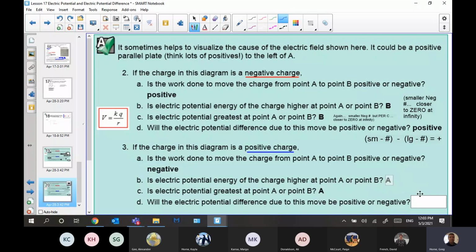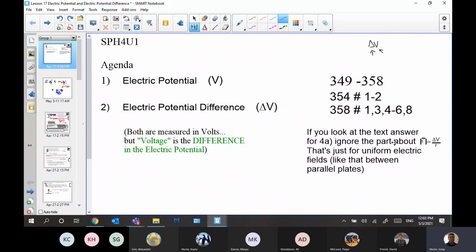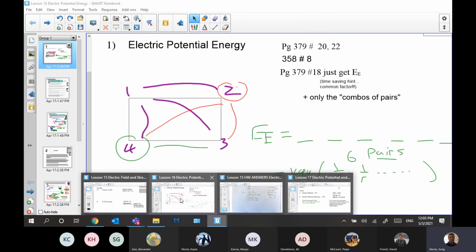Just conscious of the few-minute time warning before the final half hour of our class, technically. Okay, so again, questions are at the top here to do with electric potential and electric potential difference. And the solutions are all going to be posted right away, so you can refer to them as you try to do stuff. I'm definitely hoping that's helping you.